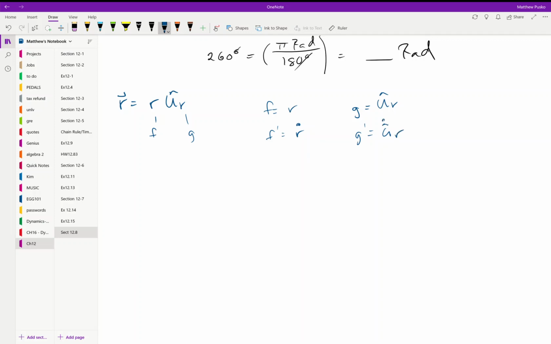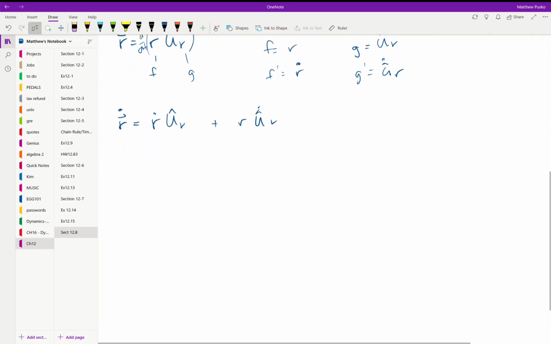Putting it all back together, we can get r dot, and the time derivative of this is equal to r dot in the unit r direction plus r times the time derivative of the unit r direction. We're not quite done yet because they're both in the same direction right now. We need to change this into a unit theta direction.